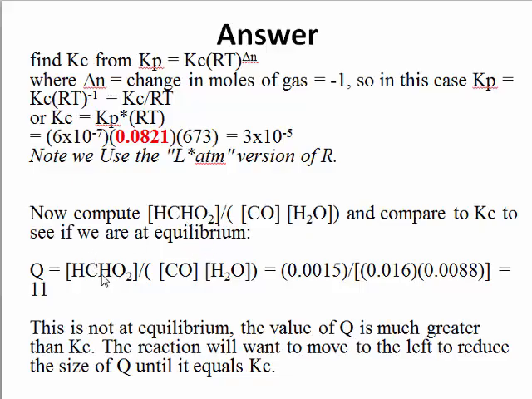If you calculate the concentrations, you should find that the formic acid concentration is 0.0015, and that the concentrations in the denominator are 0.016 and 0.0088 for CO and for H2O. These concentrations were obtained by dividing the moles of each species given by 2.5 liters.